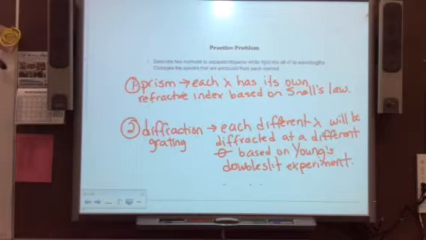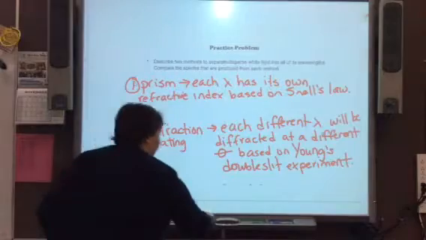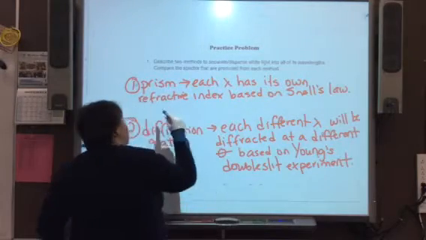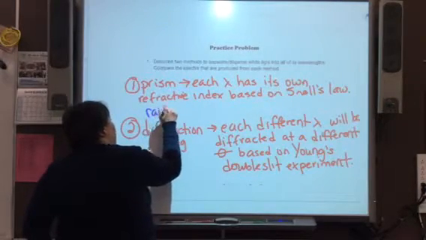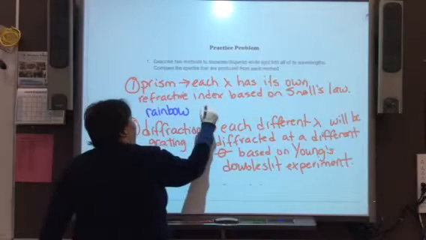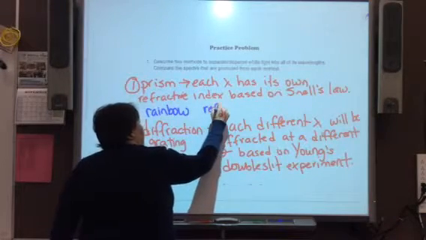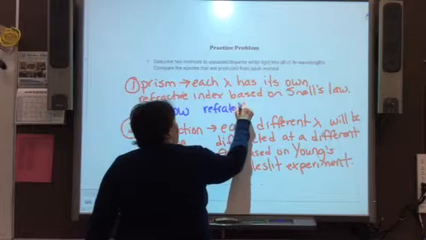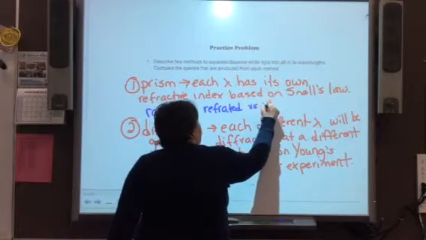And so if you need to compare, you can compare the rainbow spectrum here, refracted angles versus wavelength there.